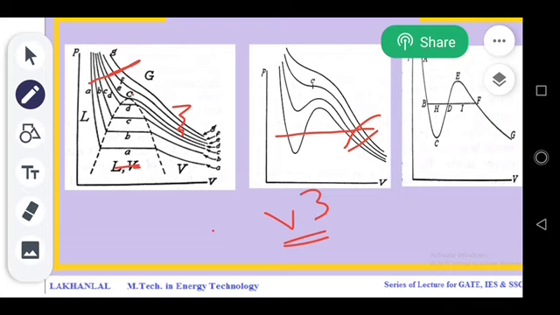See, like this, it intersects here, here, here. So for this isotherm, you are going to have three different molar volumes. Again, for each and every isotherm, you will get something like this, three values.